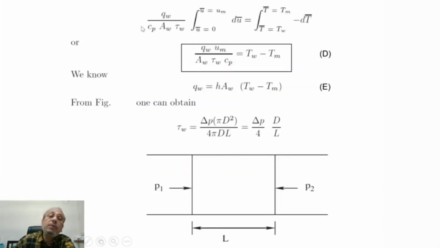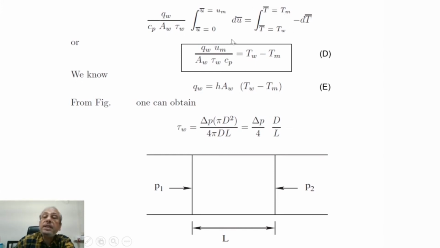So QW divided by CP, AW into tau W, integration of du bar, U bar equal to 0 to U bar equal to UM, equals minus dT bar, T bar equal to TW to T bar equal to TM.